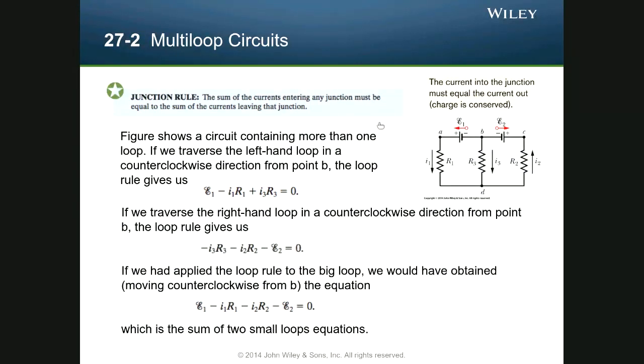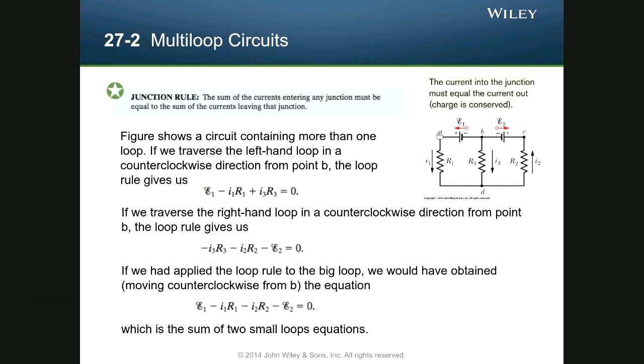So if we traverse this left-hand loop from the point B, so that's this one, right? You'll notice we're going from a negative plate to a positive plate, so that's going to be a positive EMF. That's EMF 1, or squiggle 1.